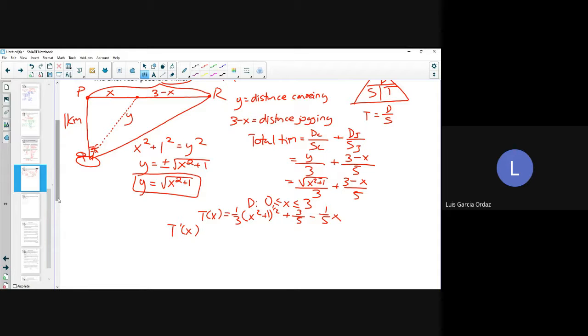So my derivative of that becomes 1 over 3 times x times x squared plus 1 to the negative 1 over 2, minus 1 over 5.